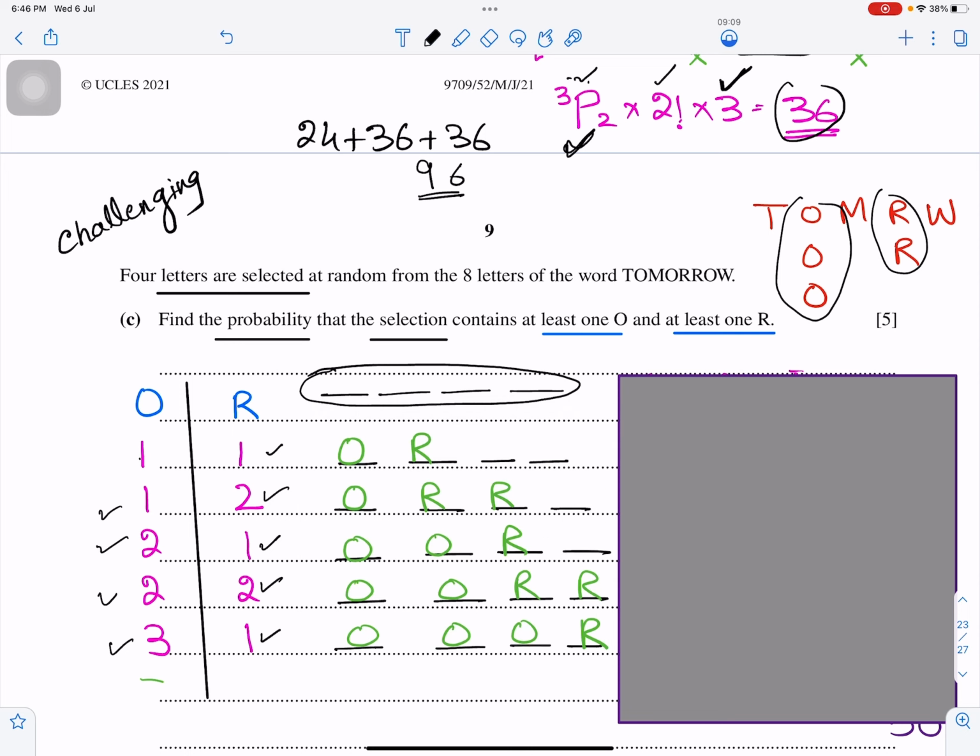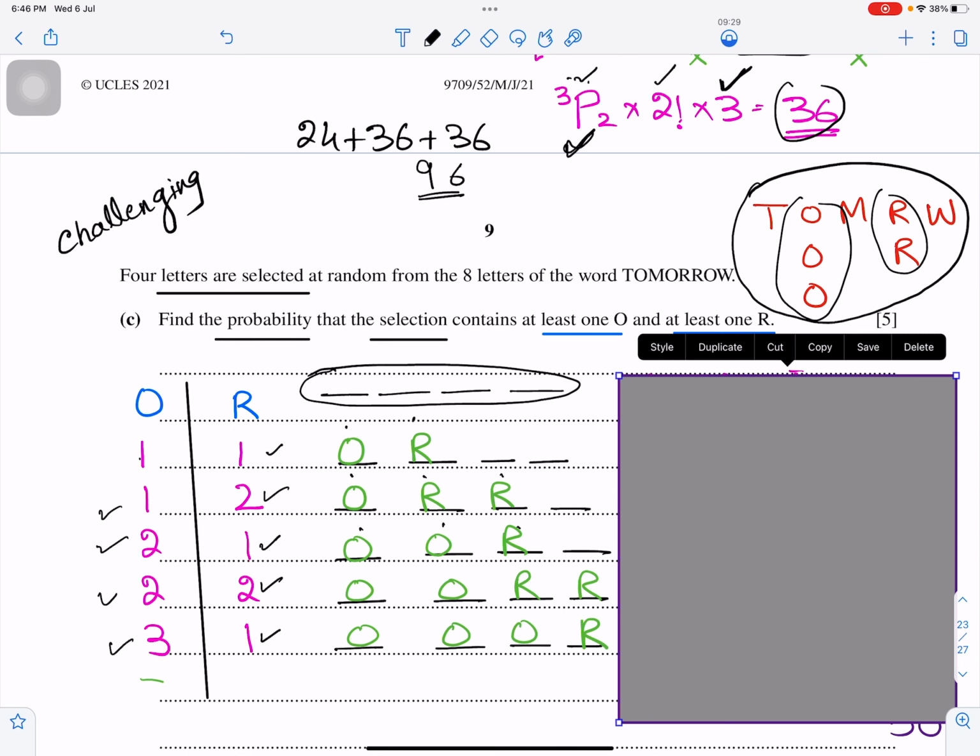Now let's start filling it up. So I have written here 1 O, 1 R; 1 O, 2 R; 2 O, 1 R. Now how we will calculate, because imagine these letters are in a box and you are selecting from there, right? So what is the chance of selecting it basically?